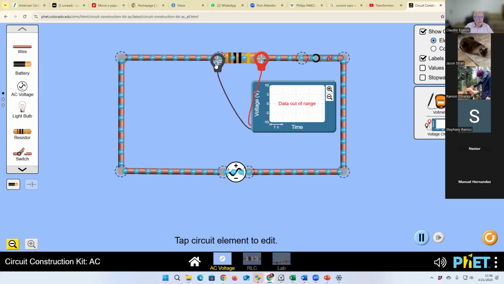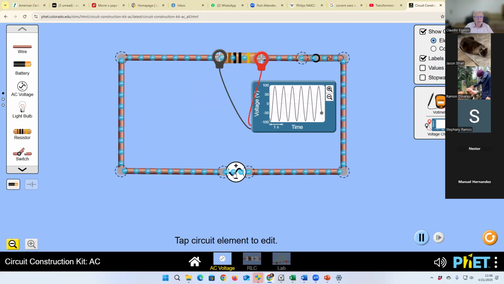This device can plot the variation of the voltage as time goes by, and that's what you have here. Let me decrease. Out of range. Yeah, I am zooming out. Okay, so here you go. See how the voltage varies as time goes by.